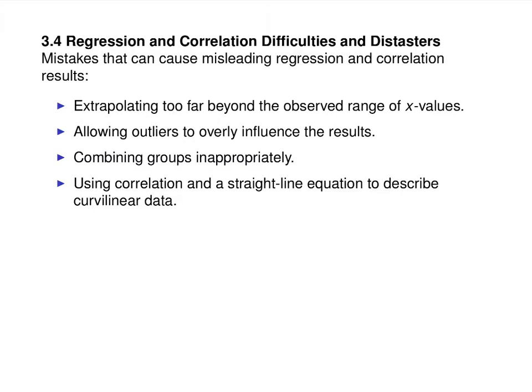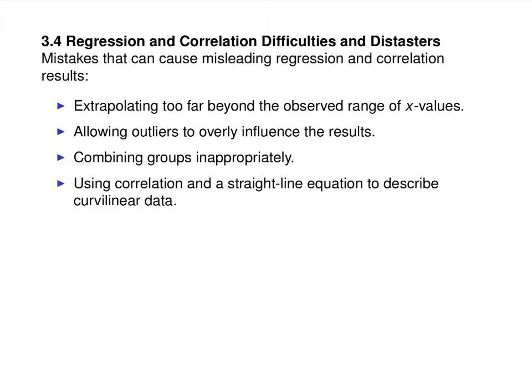Now, if you used people in Asia to make heights and tried to predict the height of somebody in the Netherlands where they're really tall, that might not be a good thing to do, because you're going too far beyond your observed range of x values. Another example could be using temperature data to predict the temperature 100 years from now. That's too far out of your data. Does that idea make sense?